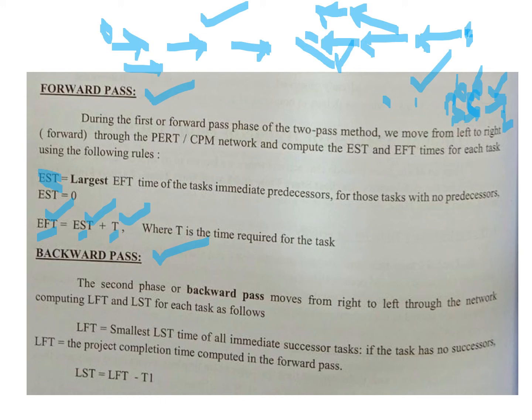The backward pass is, like I said, looking at it in the opposite direction. So if you look at the opposite direction, you have got the latest finishing time and the latest start time. The latest finishing time is the smallest latest start time of all immediate successors of the task, right?